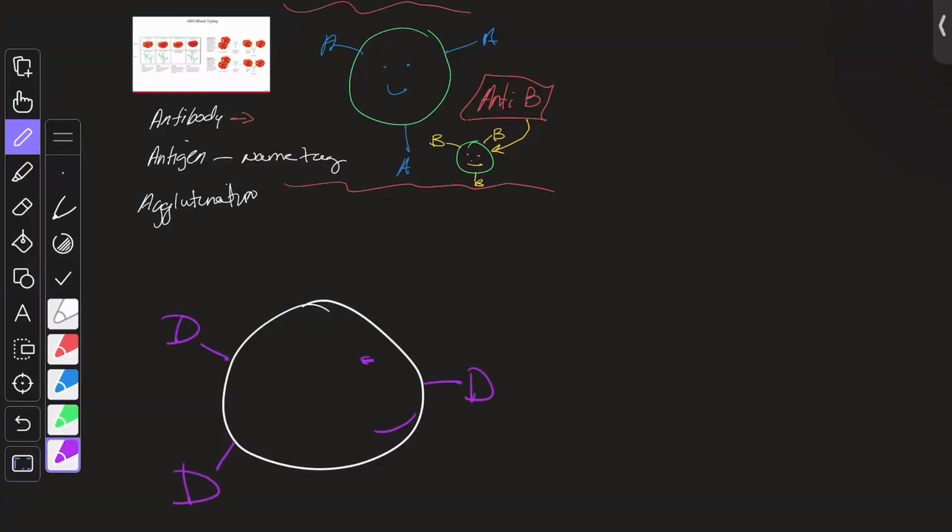If I have this individual, that would classify this individual as A positive, right? The positive and negative references the RH factor. If I am A positive, then I cannot have what?